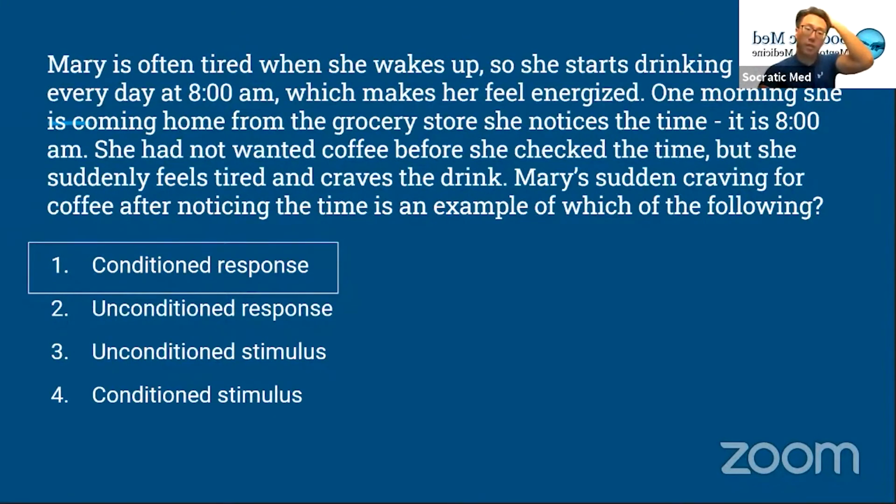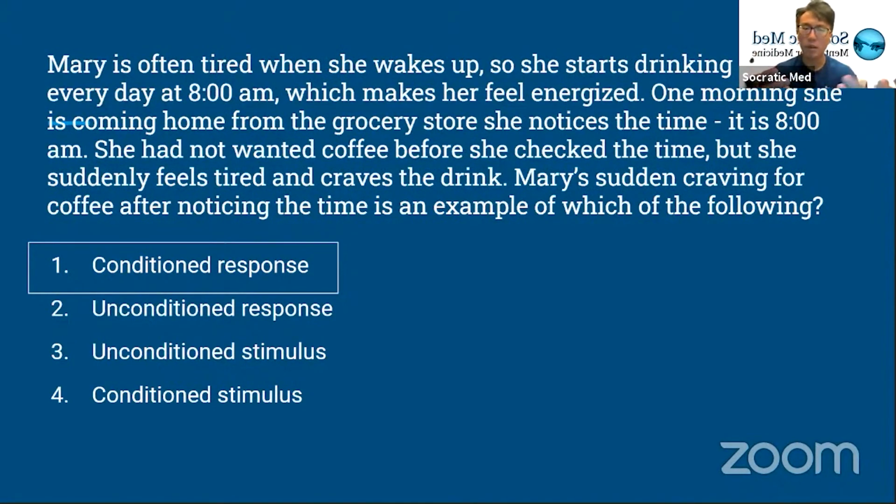A conditioned response would be something that normally doesn't happen because of a neutral stimulus. In this question, normally if I check my watch and it's 8 a.m., I wouldn't want to drink coffee.